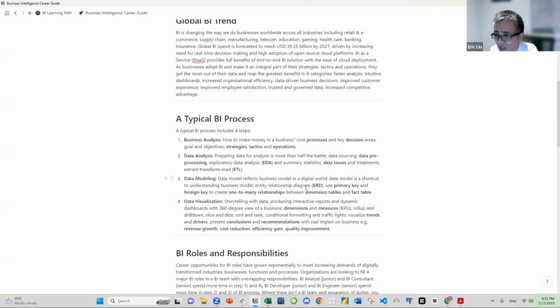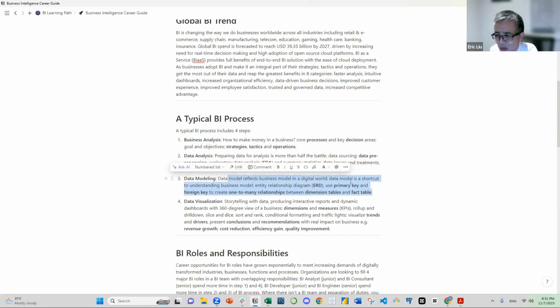So over here, you will see the multi-dimensional relationship, and you use primary and foreign keys to create one-to-many relationships between dimension tables and fact table. I think some of you probably see that this goes back to database and SQL.